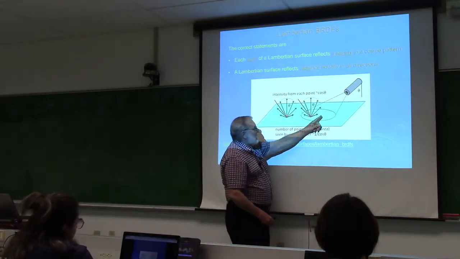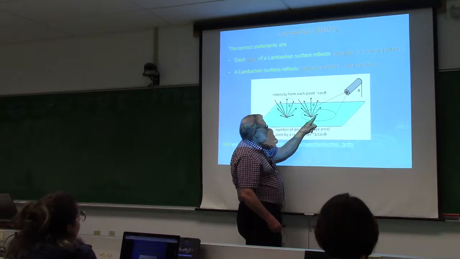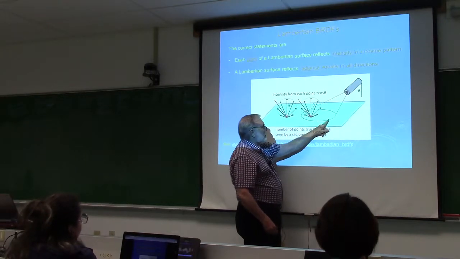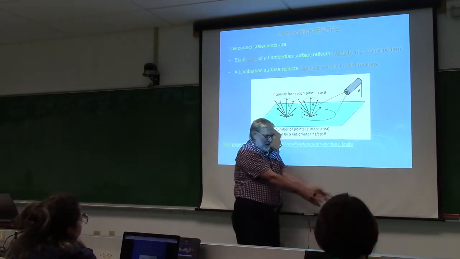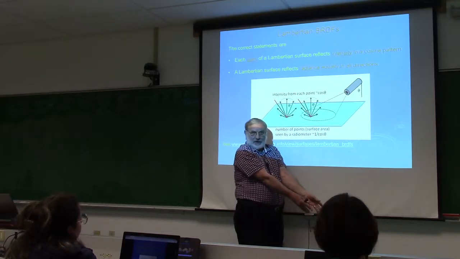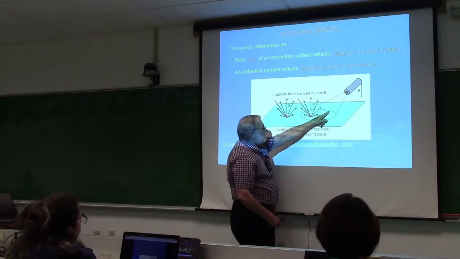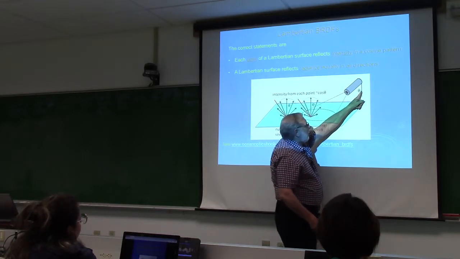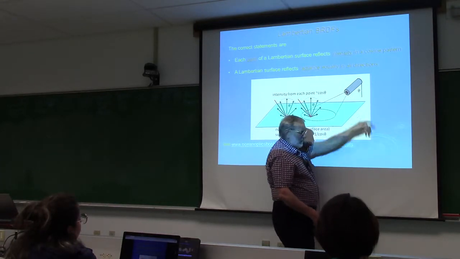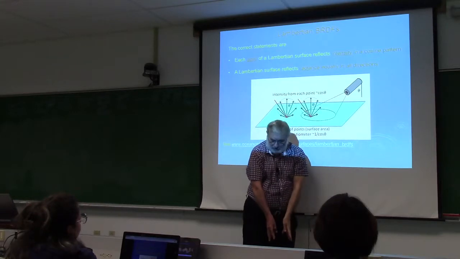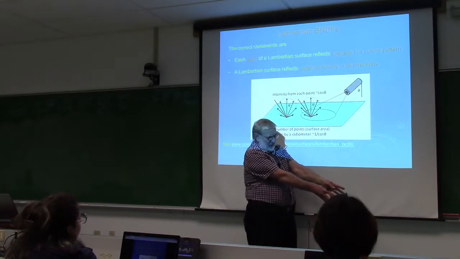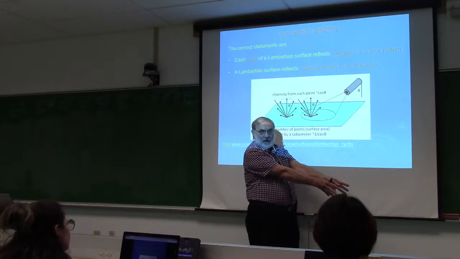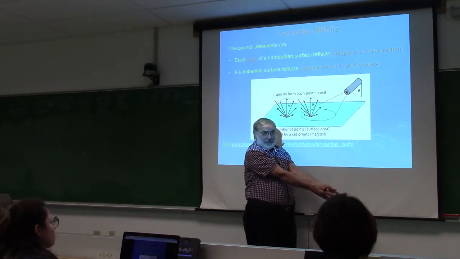And so it's summing up this cosine pattern from a whole lot of points in its little footprint on the surface. The size of this footprint depends on 1 over the cosine of this angle. If I'm looking straight down, I see a small patch of surface. If I look out here with the same radiometer, I'm seeing a bigger piece of surface.